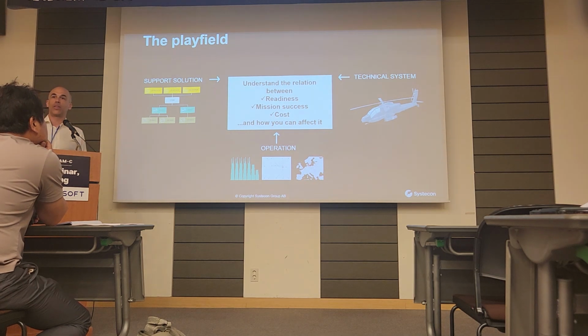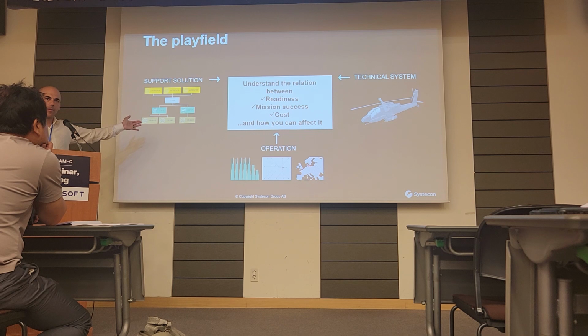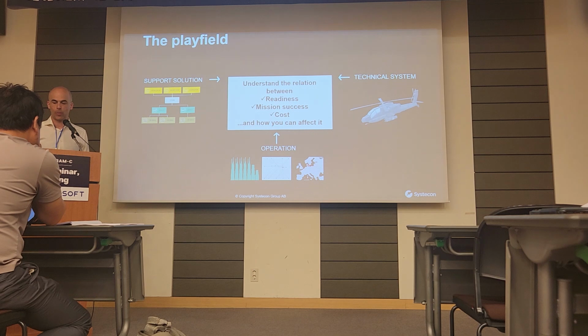But if you have a very good technical system with good RAM properties, you might have less harsh requirements on your support organization because the system will not require that much support.